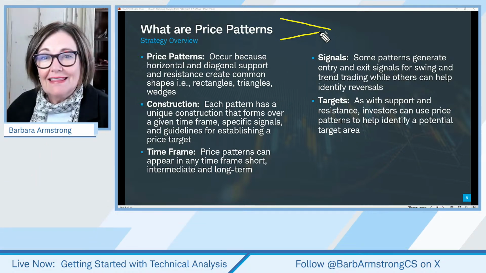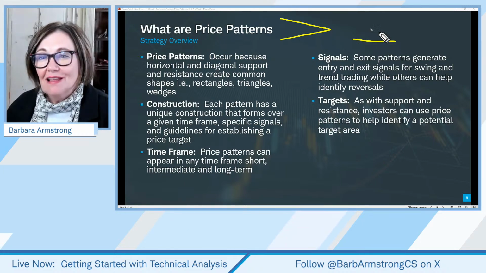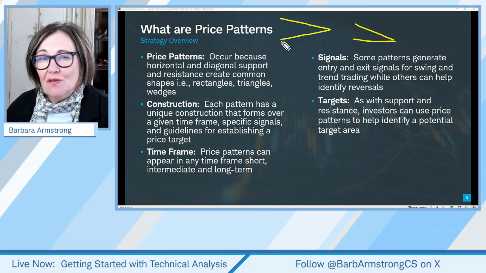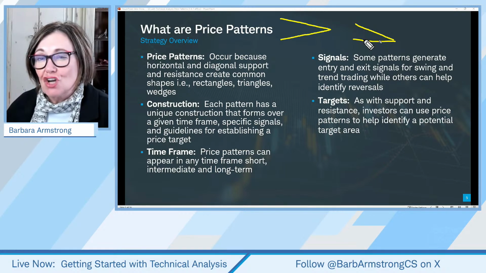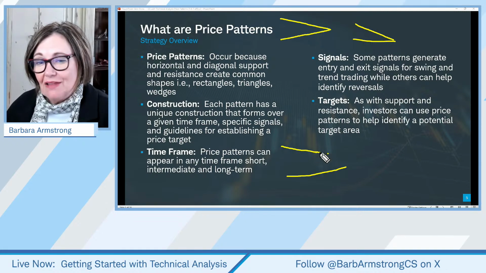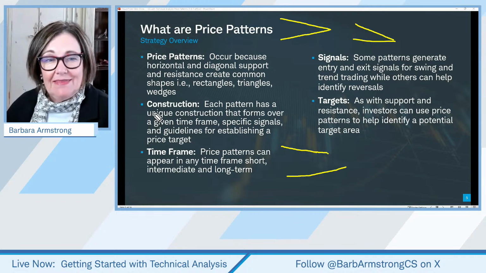Tends to look like this, or maybe like this. But it's where we have a horizontal or a diagonal line and 2 diagonal lines that start coming together. And sometimes when we look at the pattern, it's kind of like this, and it hasn't come together fully, but it's just heading in that direction.